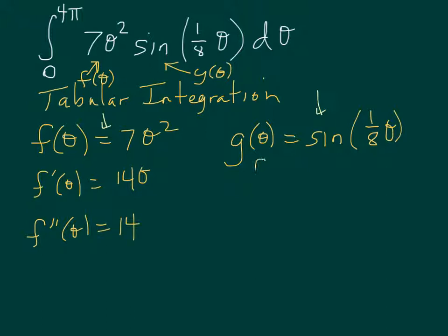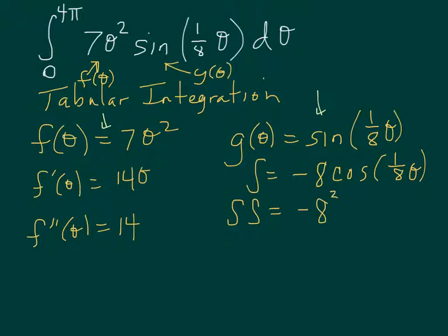In this column, I'm going to integrate, so that's the 1 over k t whole deal. So this is 1 over 1/8, but it becomes negative 8 cosine 1 over 8 theta. Integrate it again, which will be another 8, so squared, but now the cosine becomes sine 1 over 8 theta.